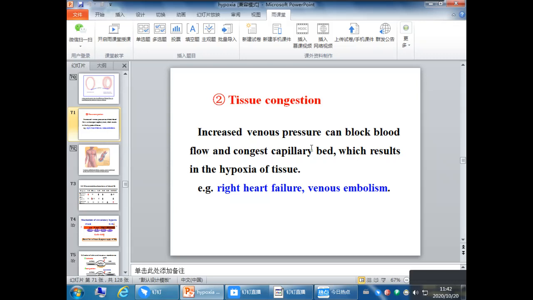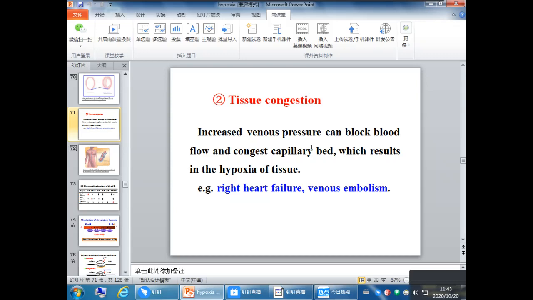Now you will have a clot, a macro thrombus. It blocks the vein, so venous return decreases. Now a lot of blood is in hypercongestion.